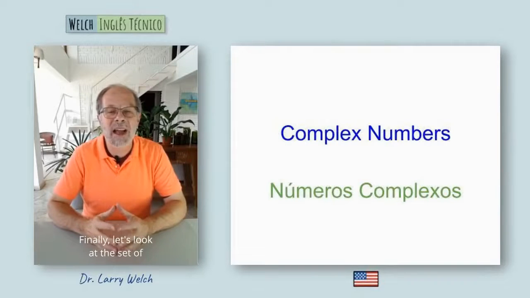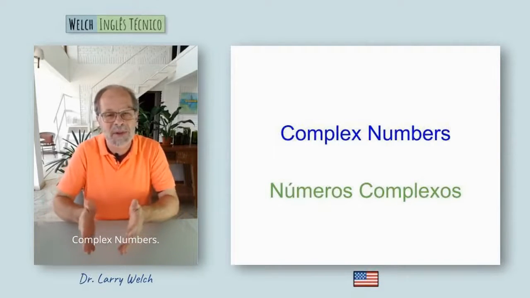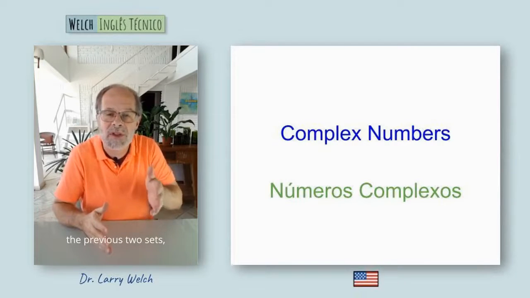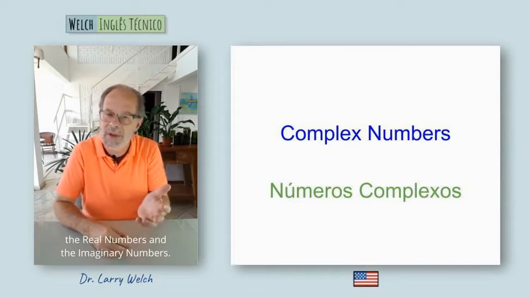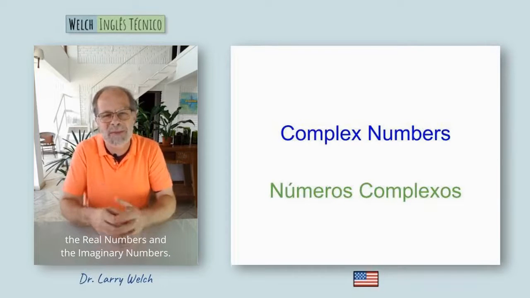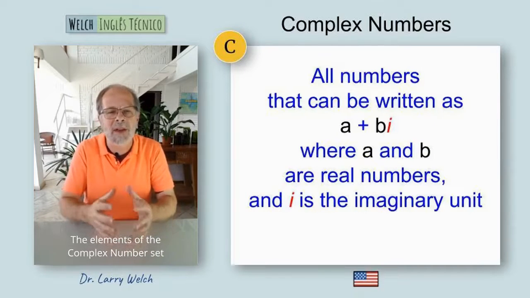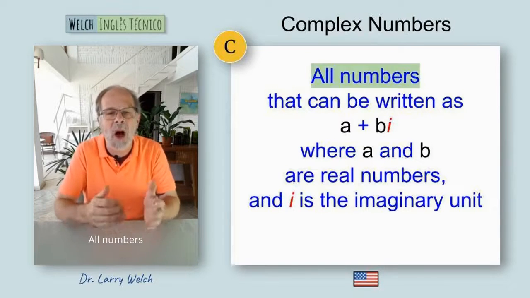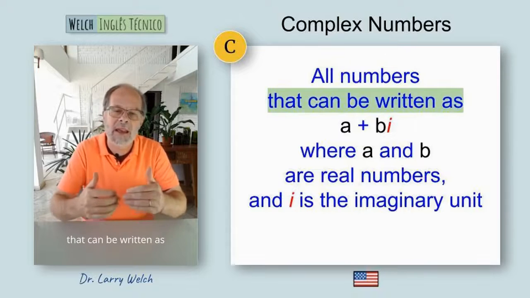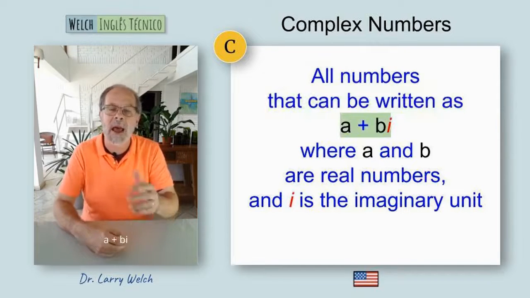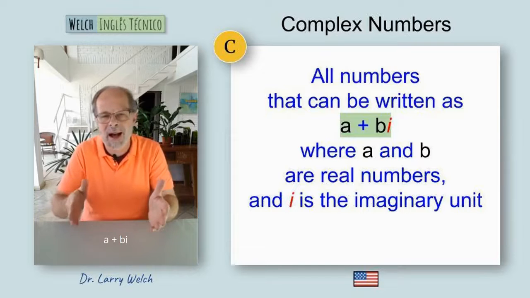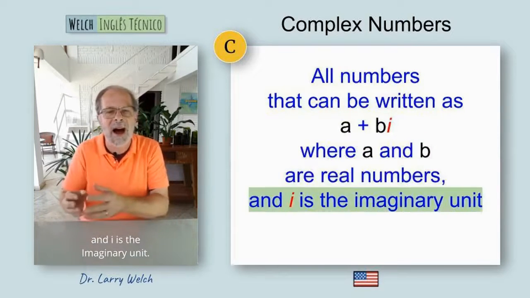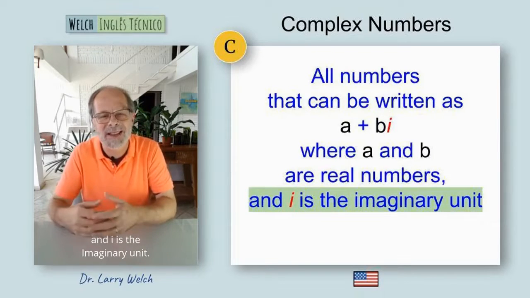Finally, let's look at the set of complex numbers. This set is defined using the previous two sets, the real numbers and the imaginary numbers. The elements of the complex number set are defined like this. All numbers that can be written as a plus bi, where a and b are real numbers and i is the imaginary unit.